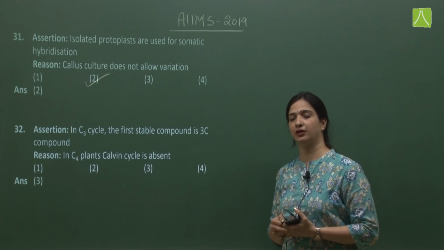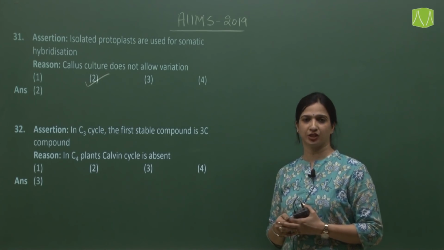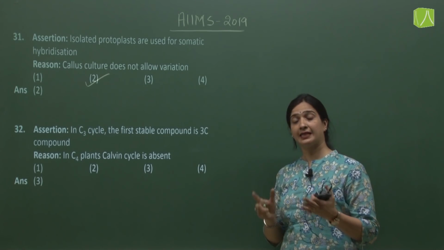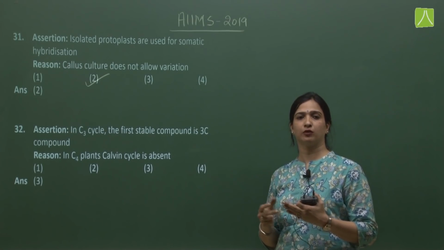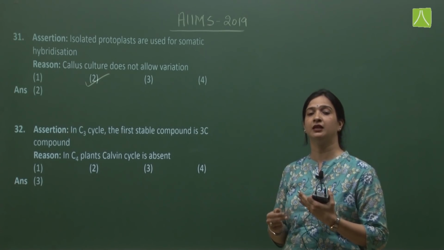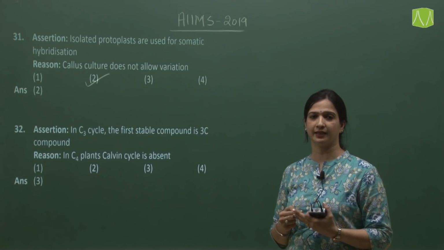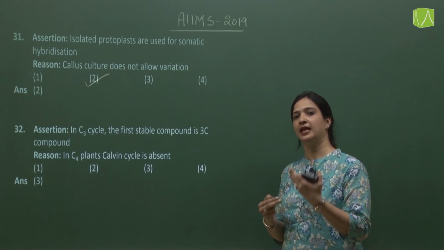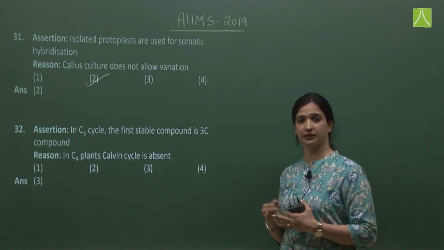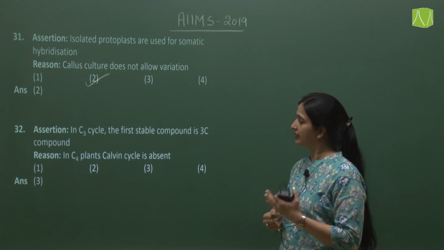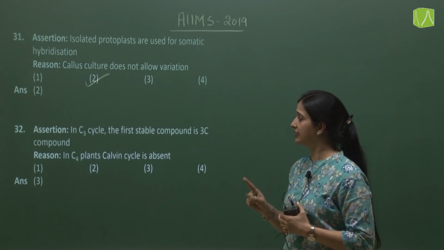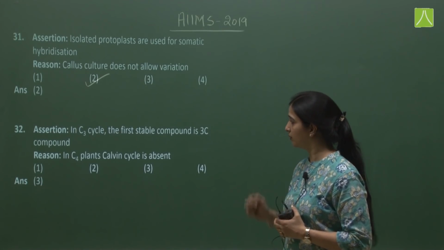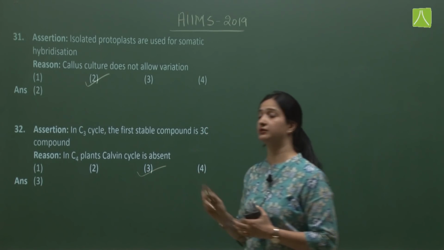C4 plants also show the Hatch and Slack pathway. Here Kranz anatomy is present and dimorphic chloroplasts are there, because here two times carboxylation is carried out. One is in the bundle sheath cell and the second one is in the mesophyll cells. So here we can say that the Calvin cycle is not absent. So here the correct answer will be 3.